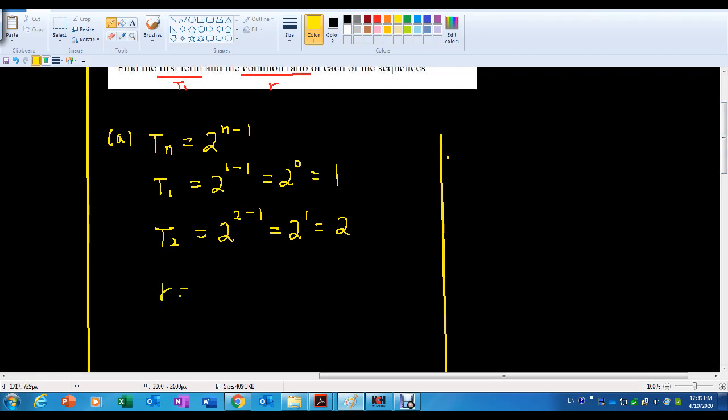So how about the common ratio? We can always use T2 over T1, or any term divided by its previous term. So T2 over T1 means 2 over 1, which is 2. So that's the common ratio. The first term is 1, and the common ratio is 2. Okay, we are done here, right?